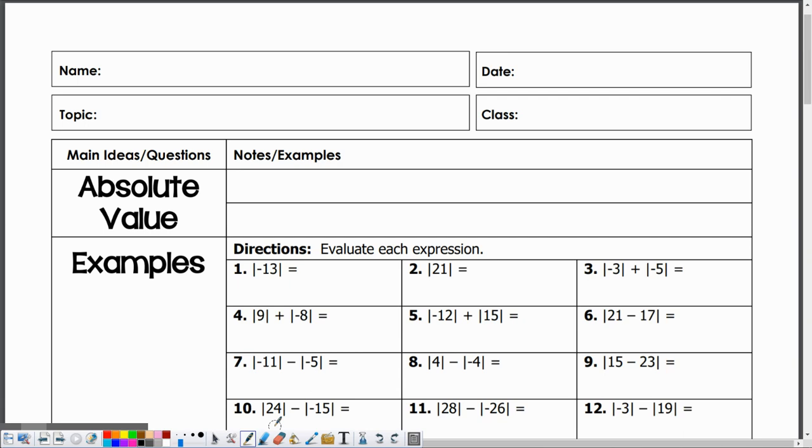So absolute value, as you should recall, is the distance from 0 on a number line.